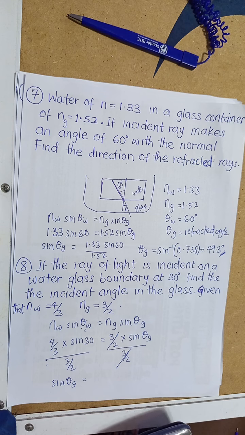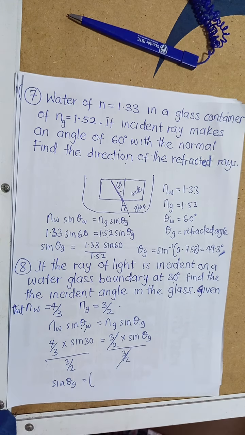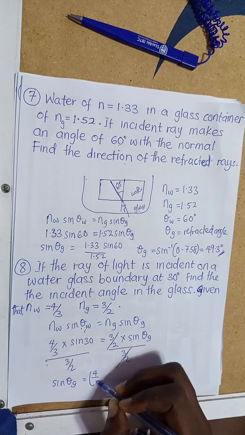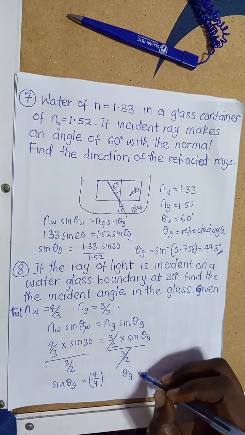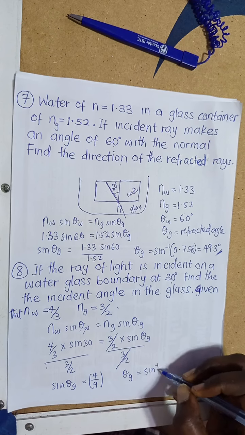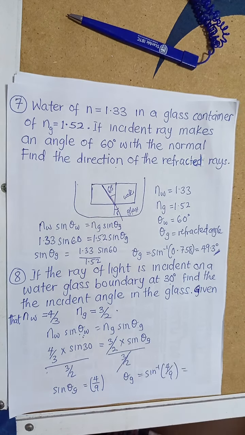Then check the sine inverse of whatever answer we are going to have. So the answer, first of all, before we go further, is 4/9. So theta g will now be sine inverse of 4/9.